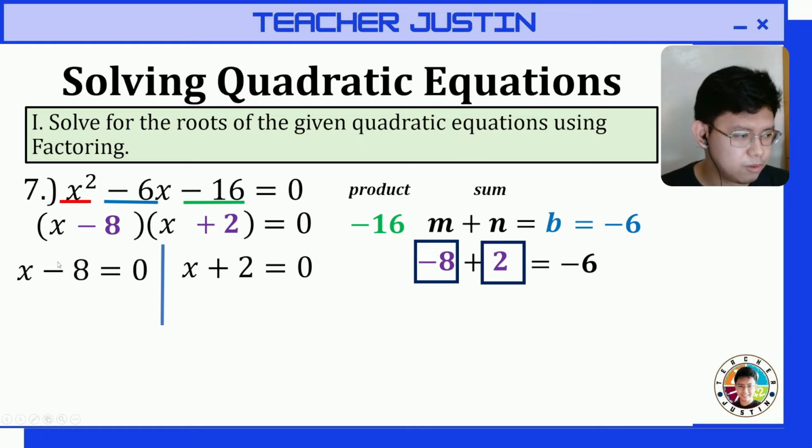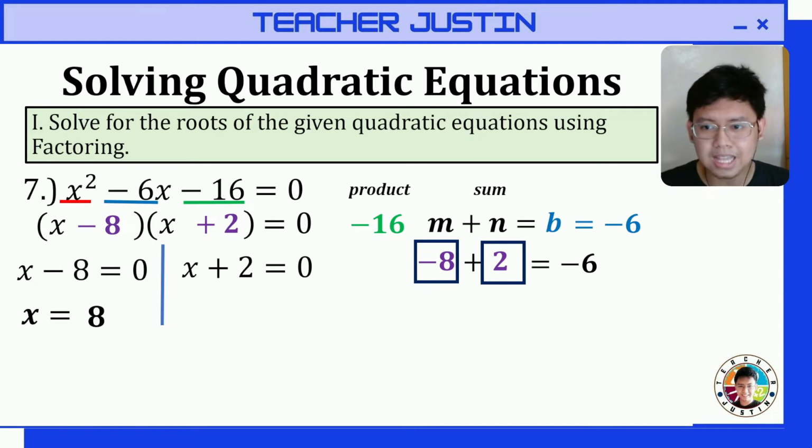So, dito, sa equation natin na x minus 8 is equal to 0, lipat natin si negative 8 to the other side of the equation, changing the sign. That will give us x is equal to positive 8. Kasi, pinaltan natin yung sign niya. Ganon din yung gagawin natin sa kabilang equation. X plus 2 is equal to 0.